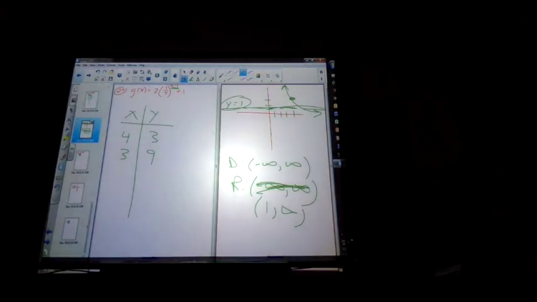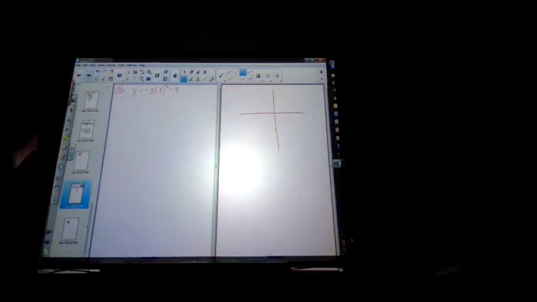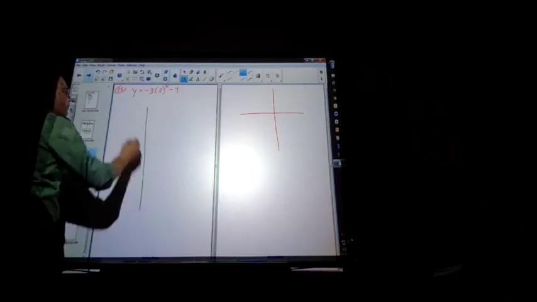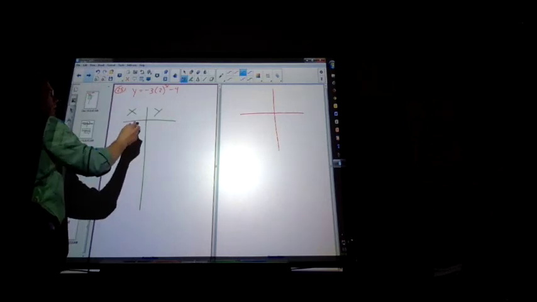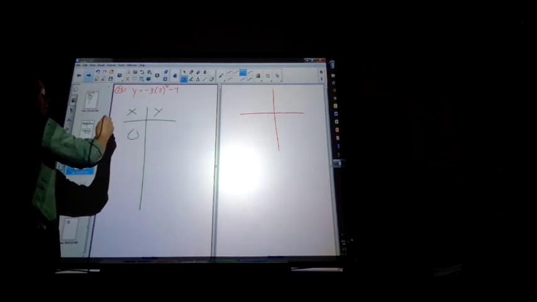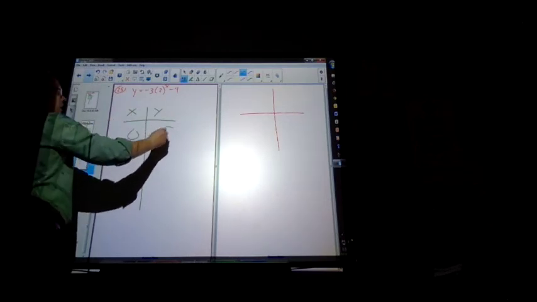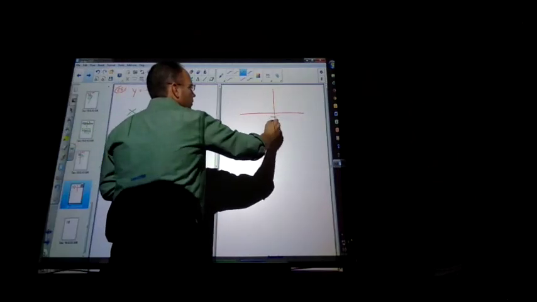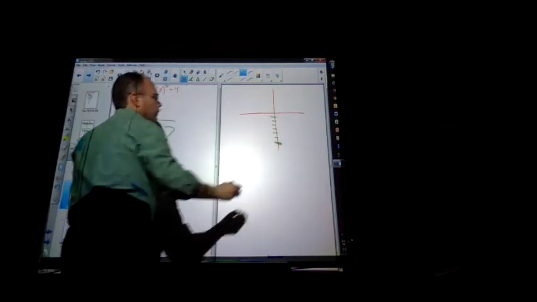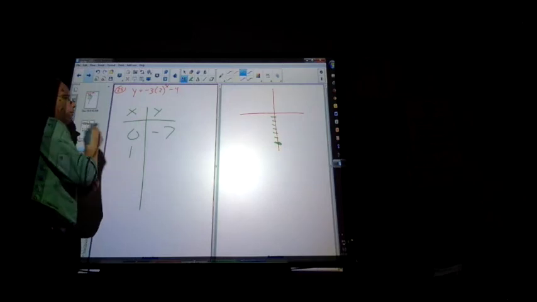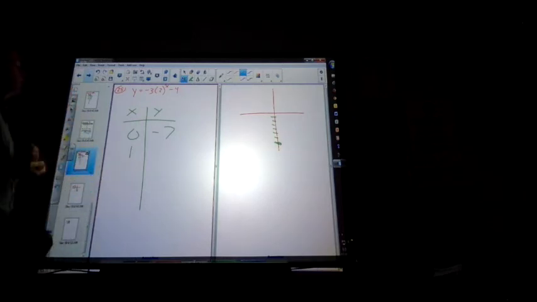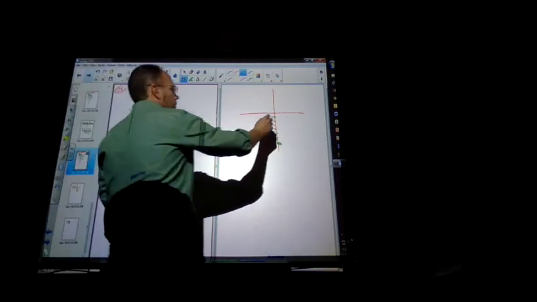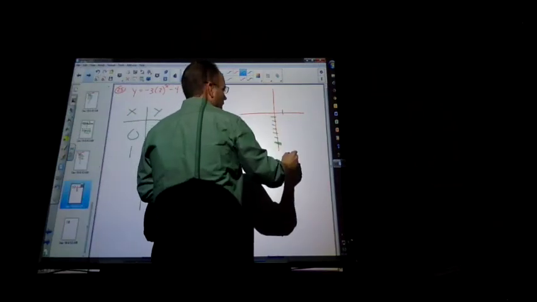All right, last one. Pretty easy one to do. I get 2 to the x. Negatives are going to work. If I plug 0 in, that's going to give me negative 7. If I plug 1 in, that's negative 6 minus 10. So 1, negative 10.